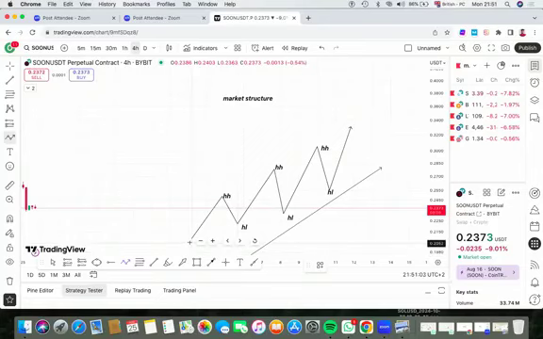Let's say this morning the market started like this and the price was up this way, okay? But it's not like it moved in a straightforward direction. It started to move gradually, and it started to break structures.